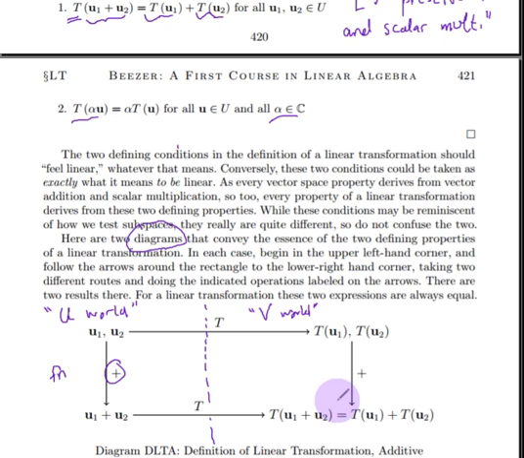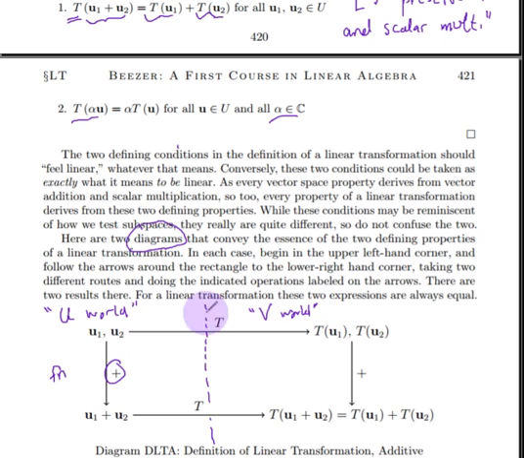So you can think about this in terms of a language, for instance. Suppose u1 and u2 are words. u1 is dogs and u2 is bark. You add them together and you get the sentence dogs bark. Now you could translate dogs to Spanish, whatever that is.